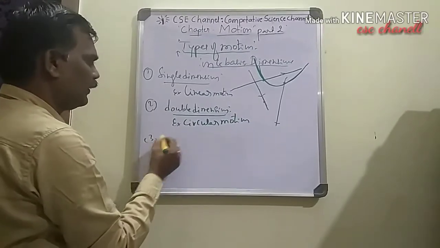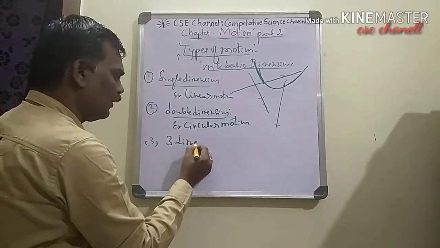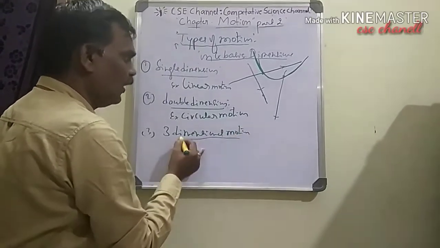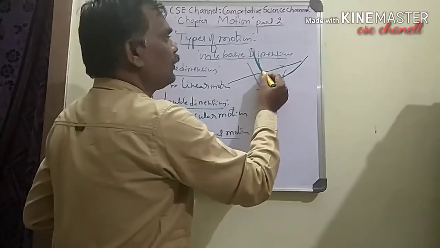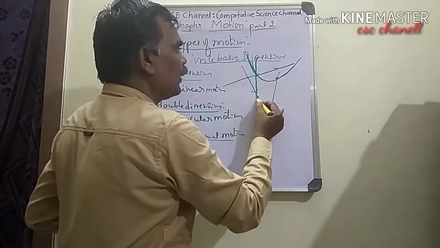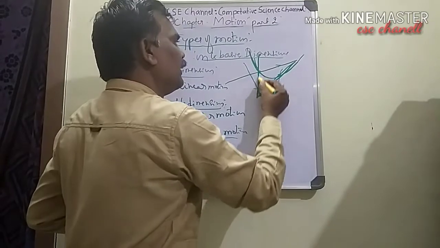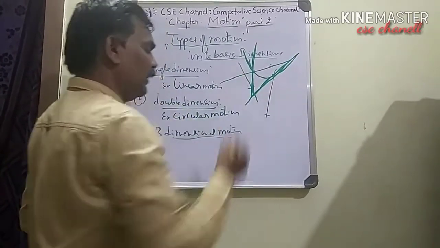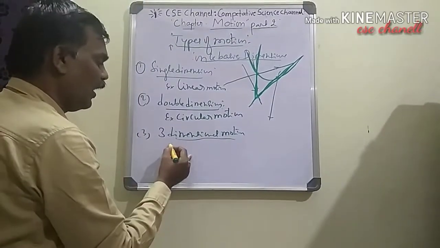The third one is three-dimensional motion. If all 3 coordinates are involved in a motion, that is called three-dimensional.